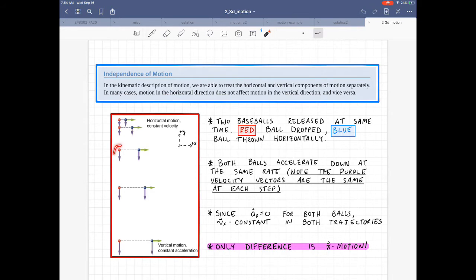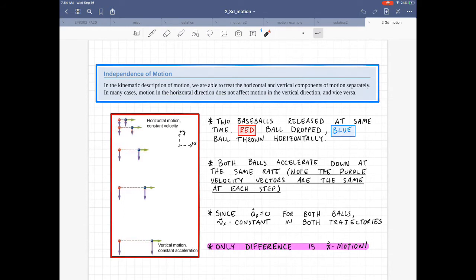In the next snapshot, they both have, again, dropped the exact same amount, and the blue object has moved even further to the right. And then, again, still falling at the exact same rate. And so if you look at the y position, the objects have the exact same y position the entire time.